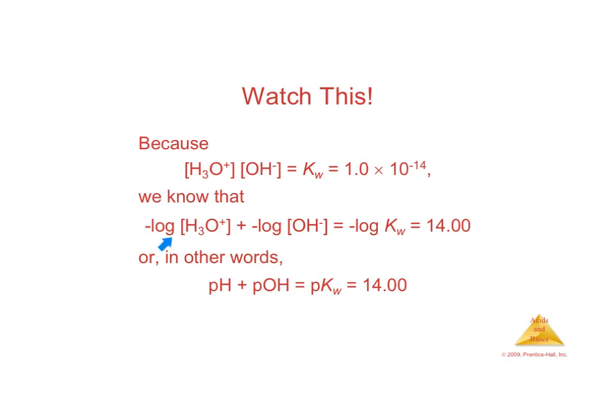So we can take the negative log of the hydronium concentration plus the negative log of the hydroxide concentration, and that equals the negative log of Kw, or the negative log of 1 times 10 to the minus 14, which is 14. Or in other words, the pH that comes from this plus the pOH, which comes from this, equals pKw, or equals 14. pH plus pOH equals 14.